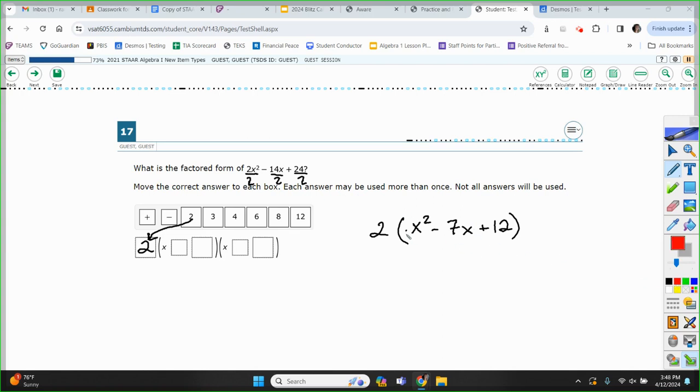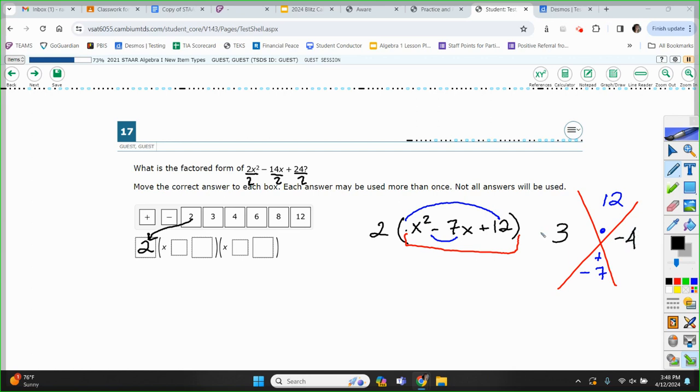Once I do that, I notice there's still a trinomial, so I use the x method. Remember, the x method is a times c, which is 1 times 12, and then b, negative 7, goes in the bottom of the x. I need two numbers that multiply to 12 and add to negative 7. It happens to be 3 and 4.